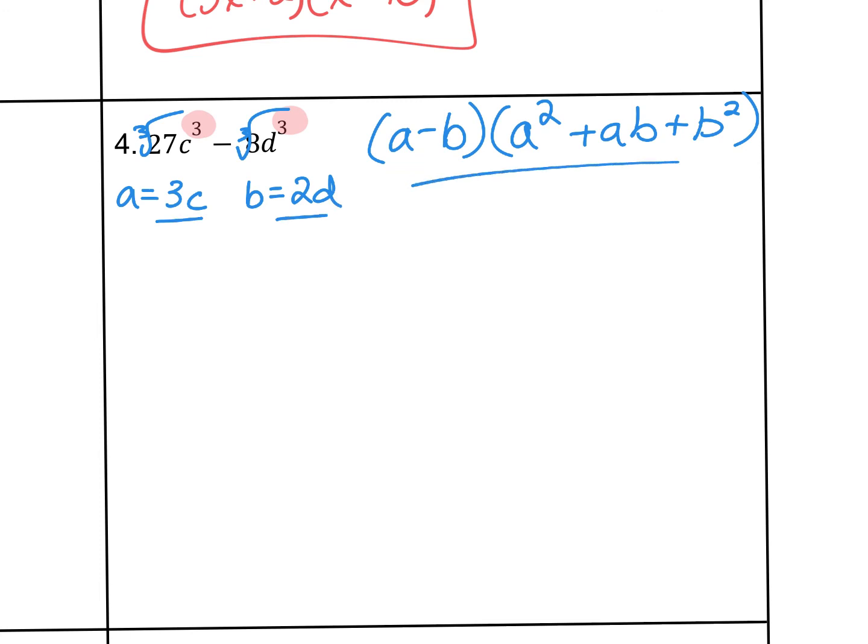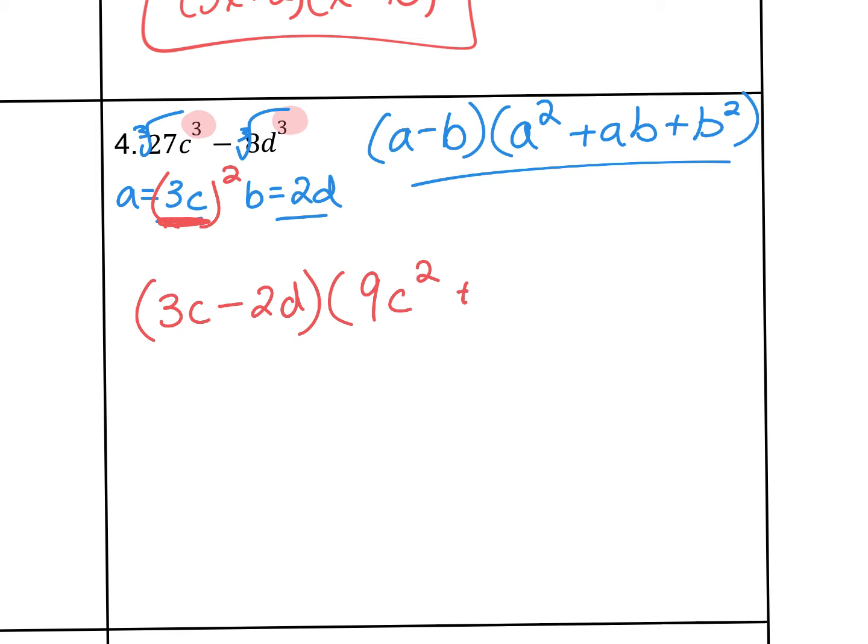So a minus b is going to be 3c minus 2d. A squared is taking this term and squaring it. So if I square that, I've got to square everything, the 3 and the c. So that becomes 9c squared. Okay? And then we've got plus a times b. So I just need to multiply a and b together.